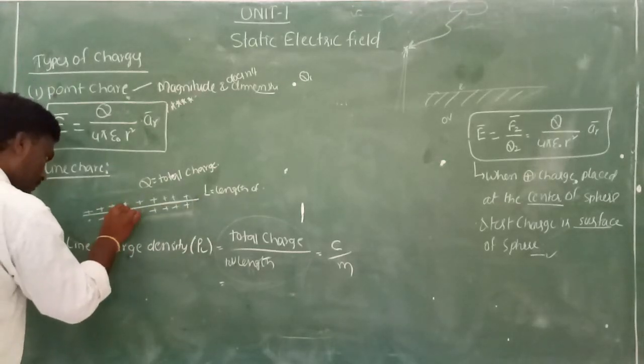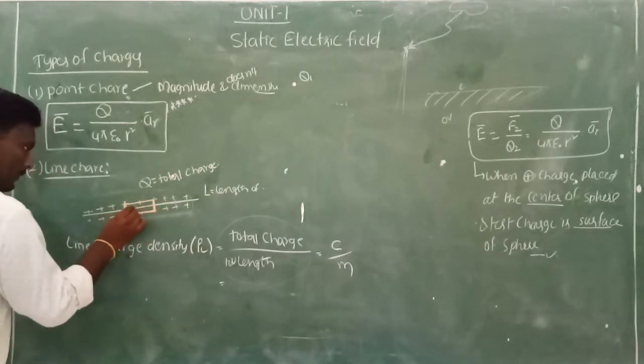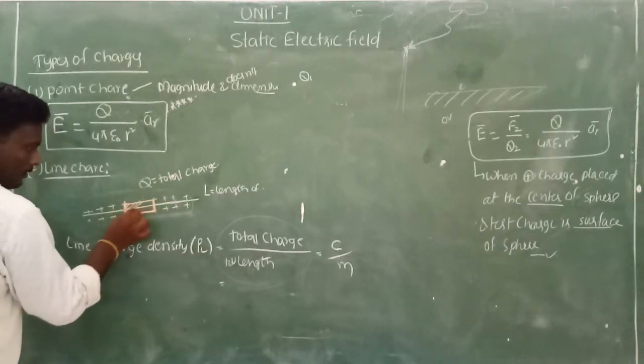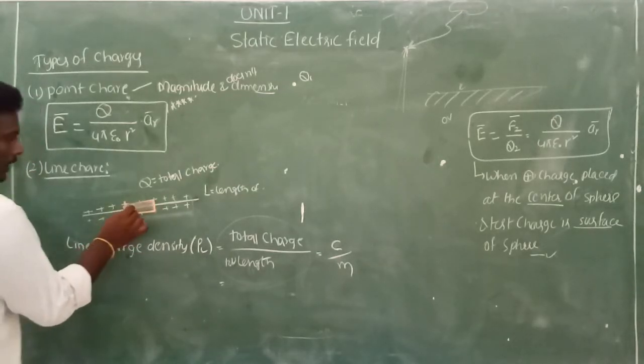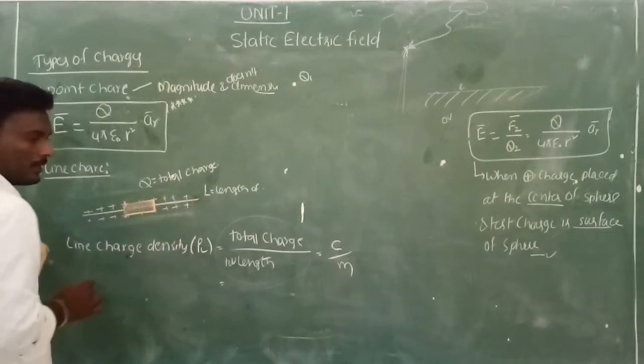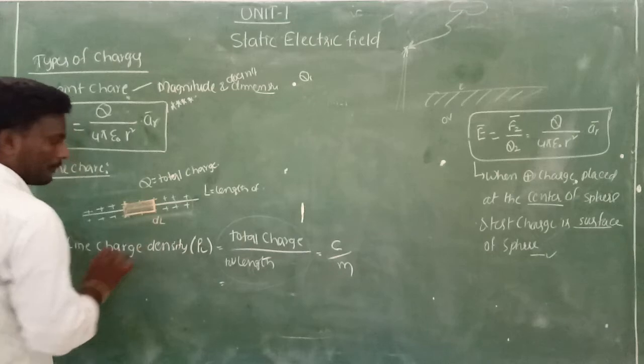This is my small differential length. If the total length is L, what is the differential length? It is dl.